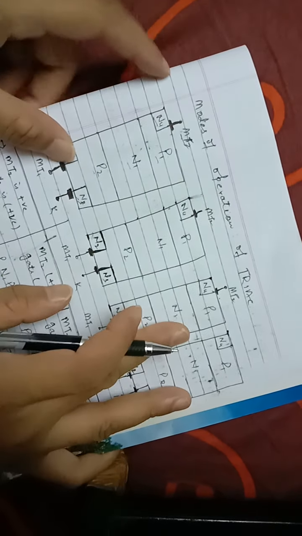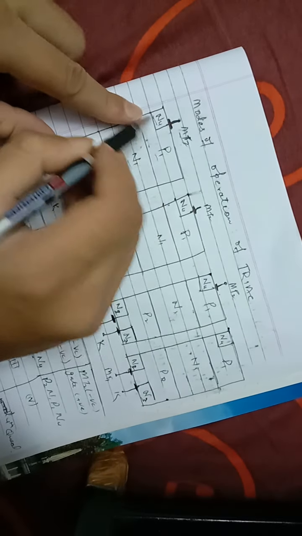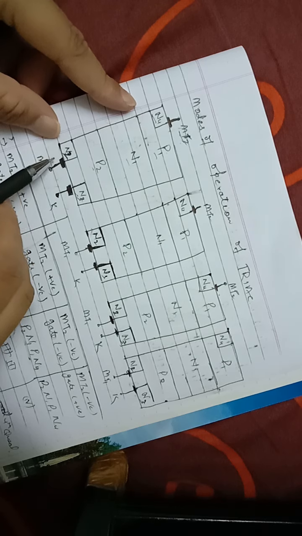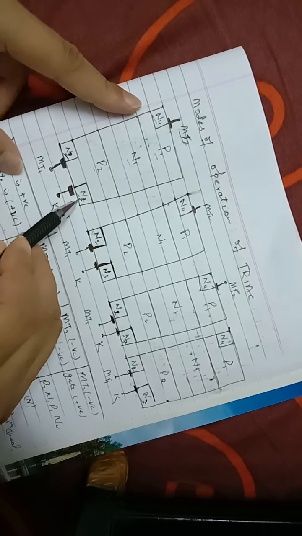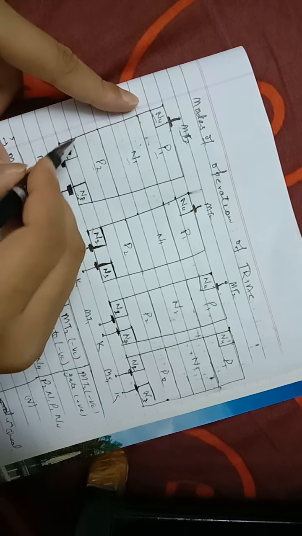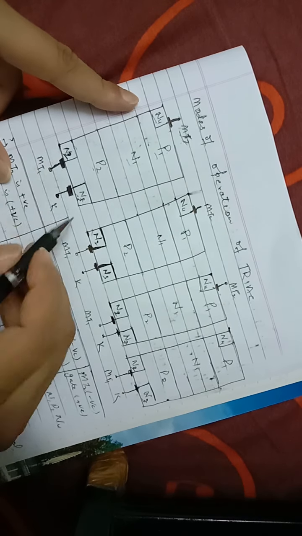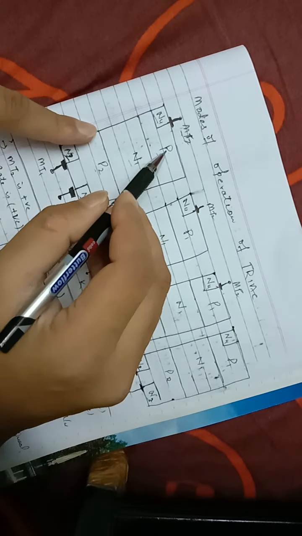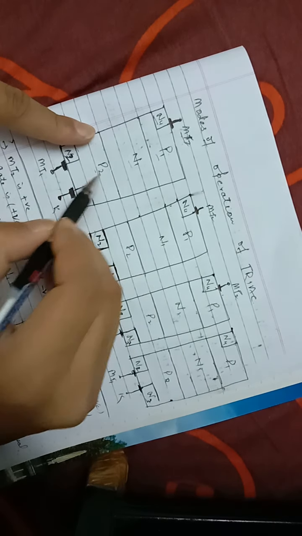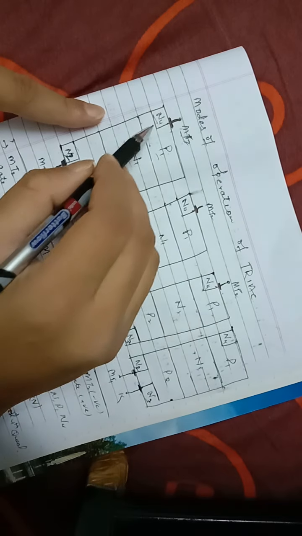Sorry, I made a mistake, it should be N2, N3. So the layers are P1, N1, P2, N2, N3, N4.